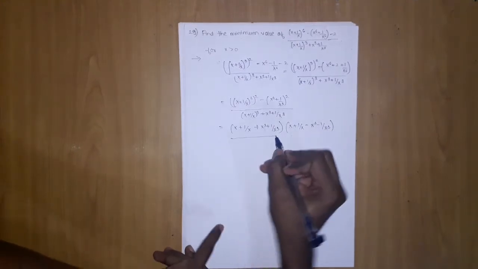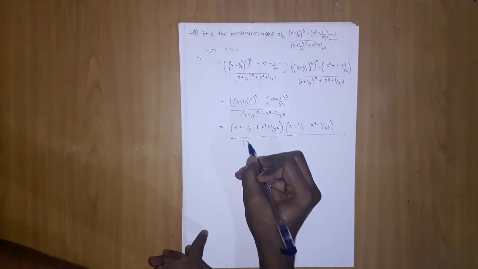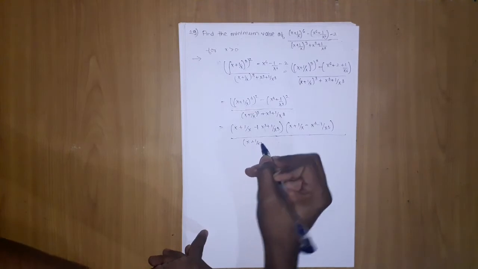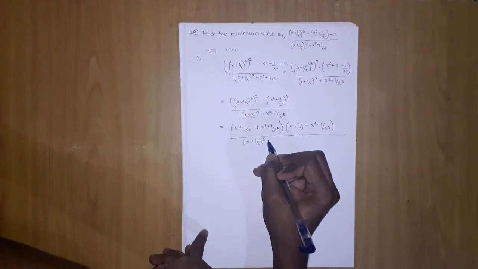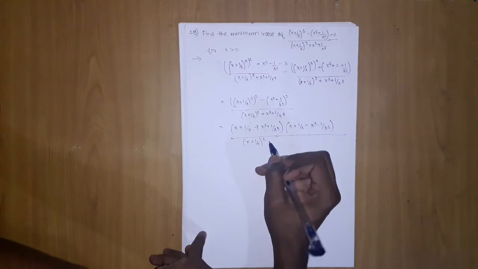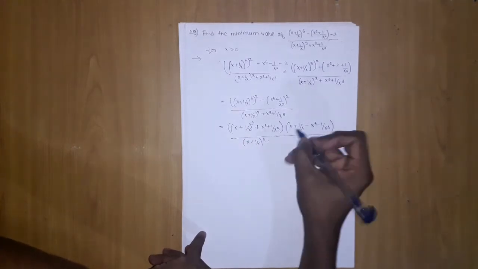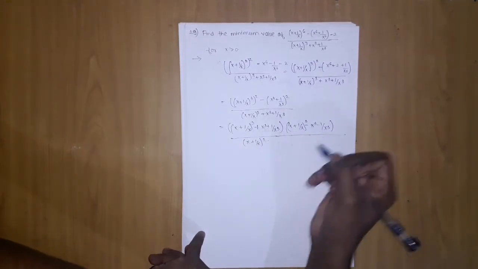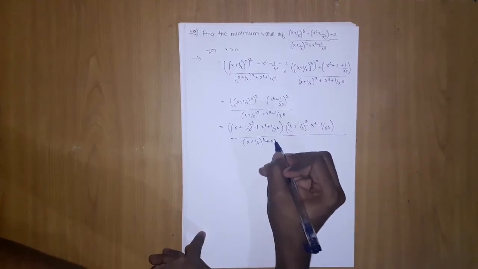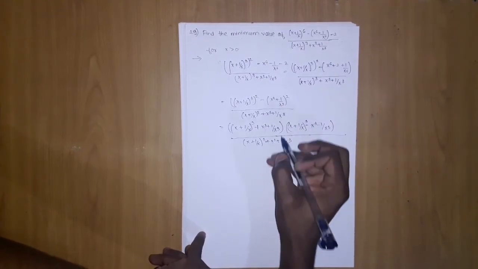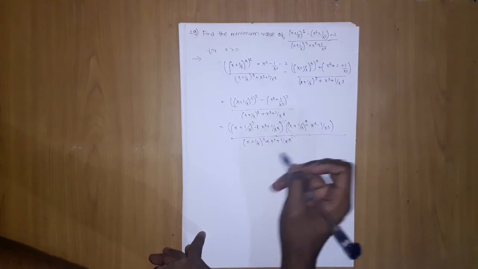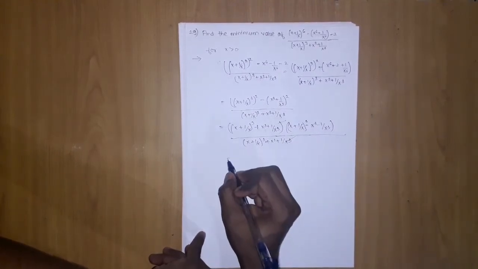Now we have the same term, (x plus 1 upon x) the whole cube, and this will also be whole cube, plus x cube plus 1 upon x cube. So these two terms will cancel out. I'm just cancelling it like this.